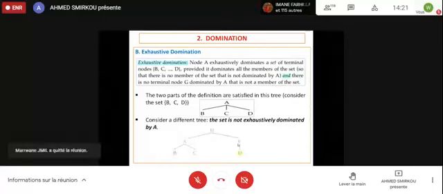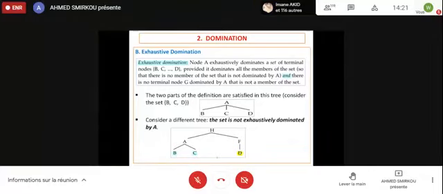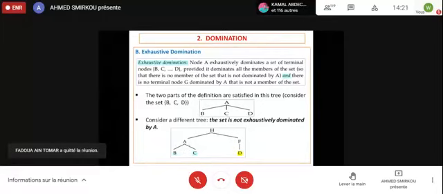Okay, look at the violation of the first part of the definition. Now the question is, does the set B, C, D form a constituent, or is it exhaustively dominated by A? No. Why? Because there is a problem in the first part of the definition.